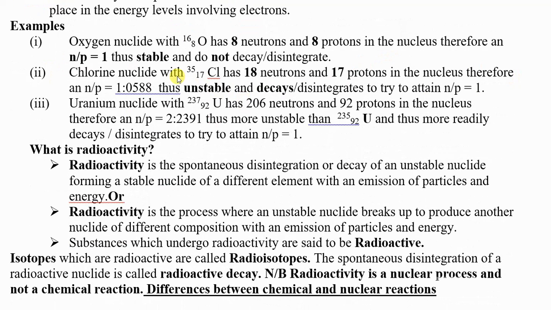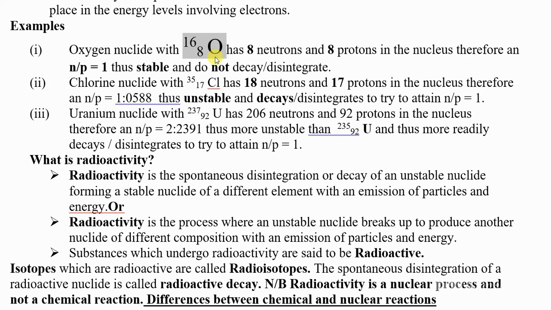So, a quick example of stability. Now look at oxygen. You can see for this oxygen the atomic number is 8 and the mass number is 16. It means it has 8 neutrons and 8 protons, so the sum is 8 plus 8, which is equal to 16.